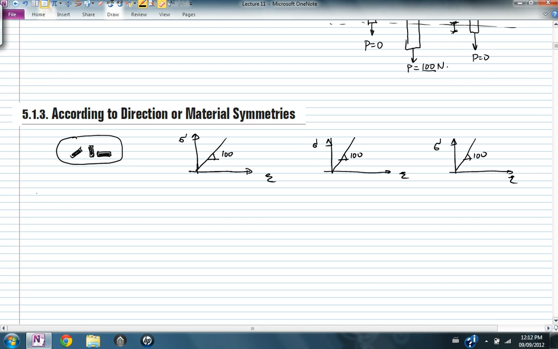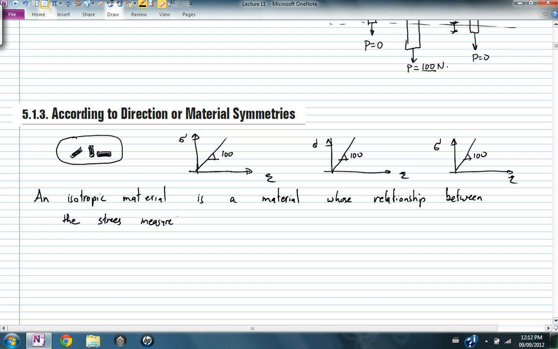An isotropic material is a material whose relationship between the stress measure and the strain measure is independent of the orientation of the specimen.